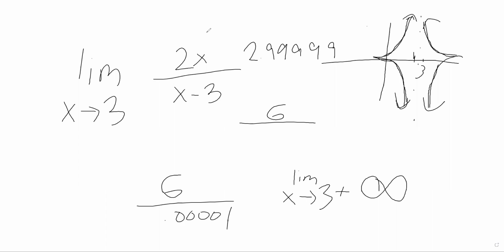And then 2.999999999 minus 3 is going to be negative 0.000000 whatever, forever 1.